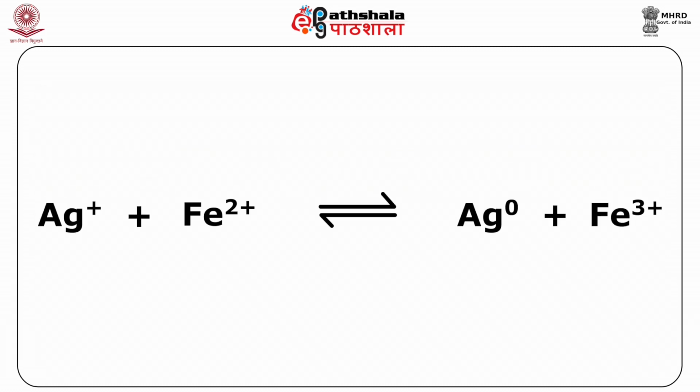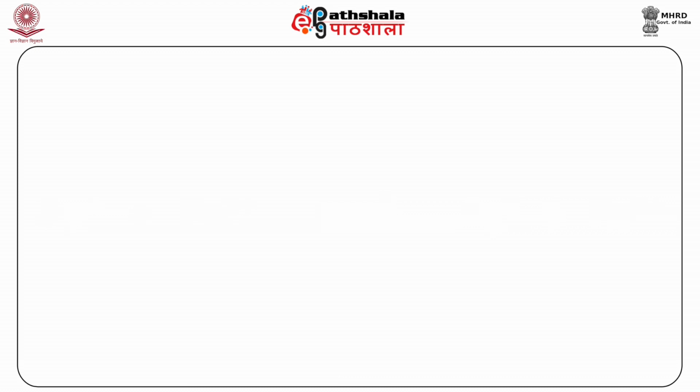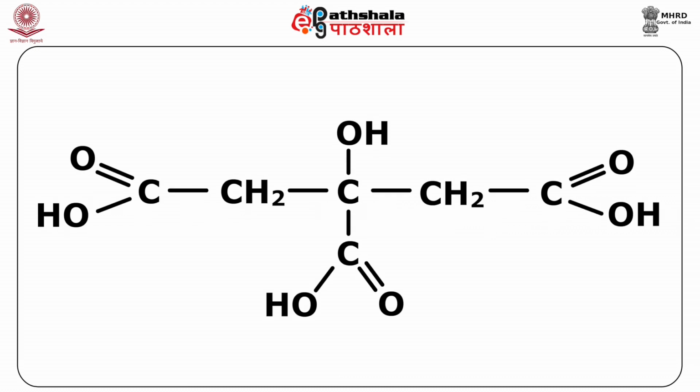The iron(II) ions reduce silver ions to metallic silver and simultaneously get oxidized to iron(III) ions. This is an equilibrium reaction. Due to the reversible nature of this reaction, there are chances that iron(III) may reoxidize metallic silver to silver ions. Now, the problem may be averted by adding citric acid to the physical developer composition.